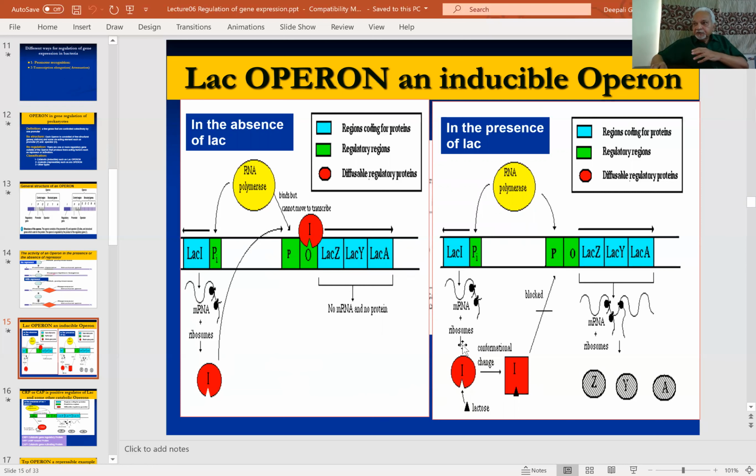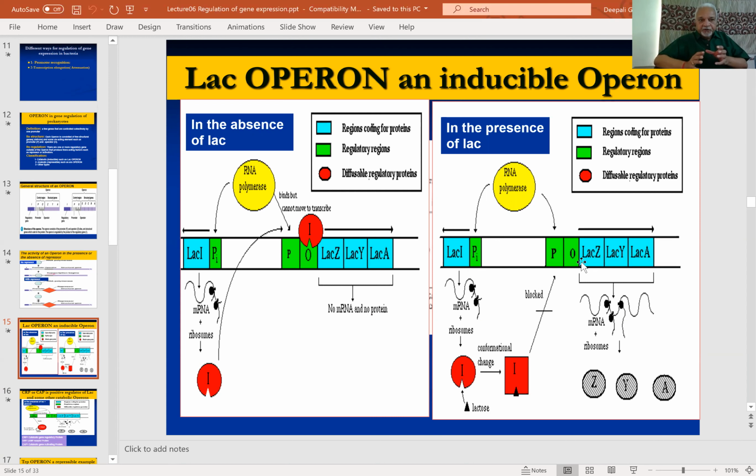But when lactose is given, the lactose interacts with this inhibitor and brings about a 3D change in its conformation, so it doesn't bind here, and the transcription goes on. Simple control mechanism of the Lac operon system.